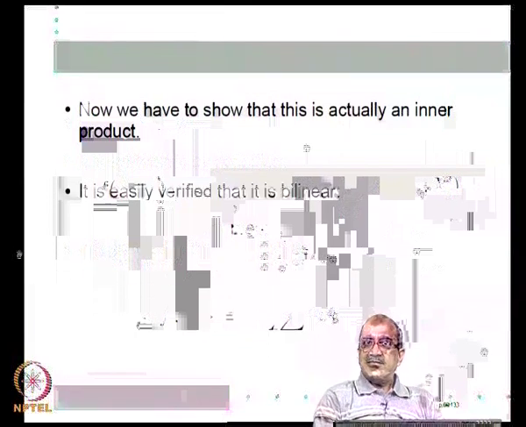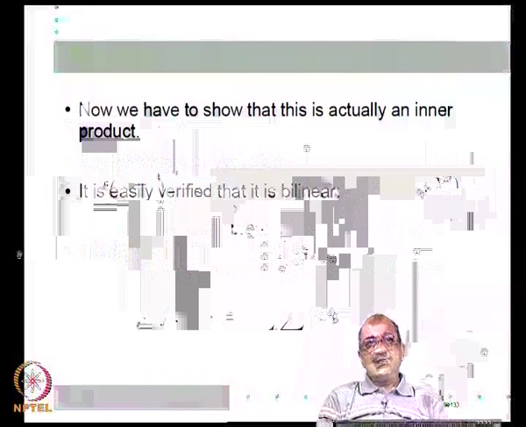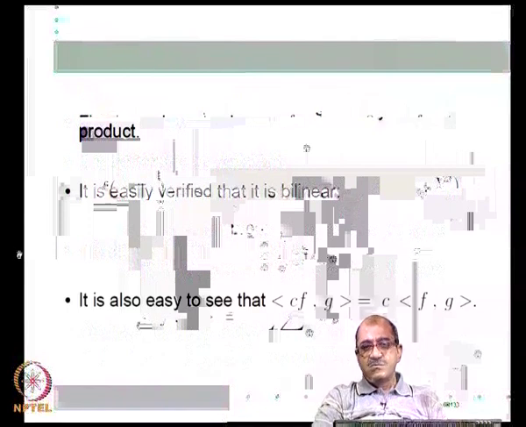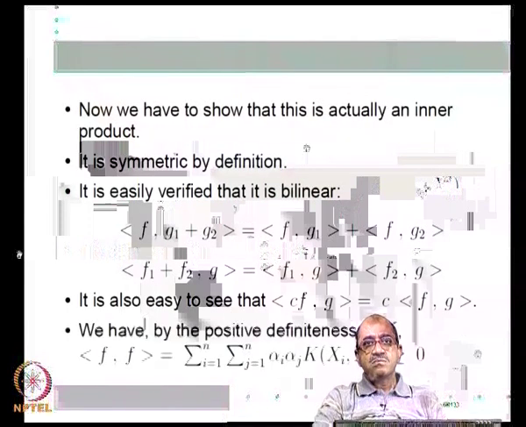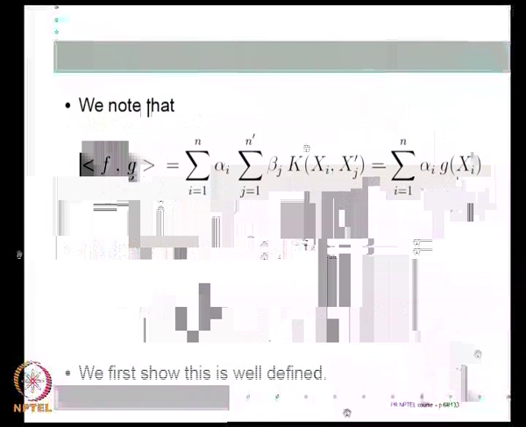Similarly, it has to be bilinear. The inner product of f with g1 plus g2 should be inner product of f comma g1 plus f comma g2. Similarly, the other way, which is also very straightforward because of the definition of the inner product, it is very easy to verify that it is bilinear, right. So, if I put f1 plus f2 here, I will get some alpha i k dot x i plus some gamma j k dot some x bar j.